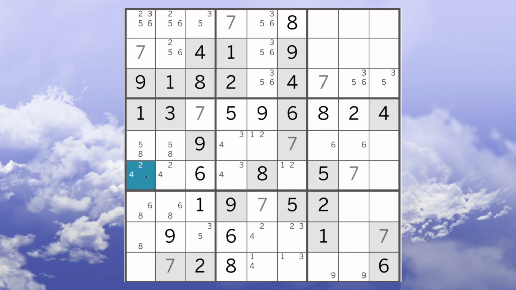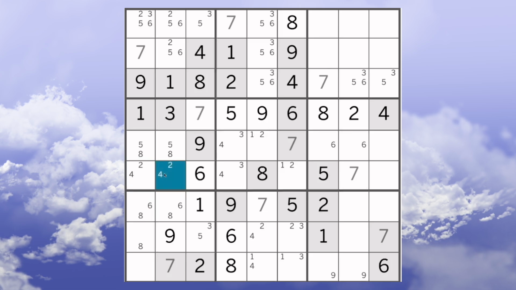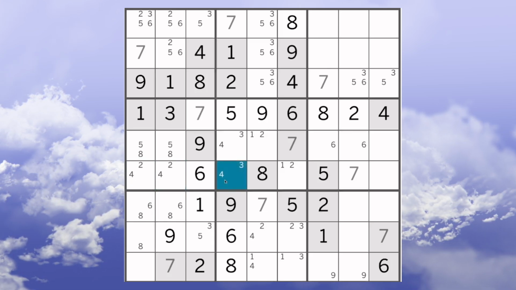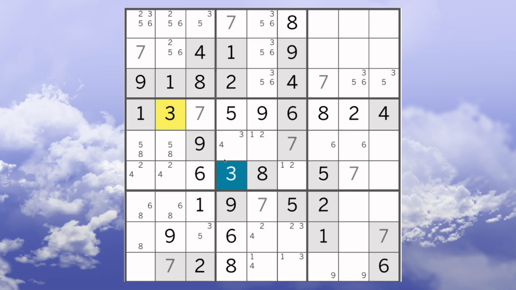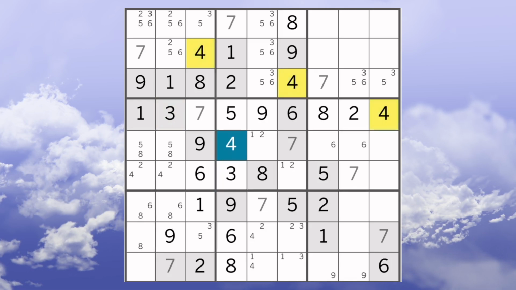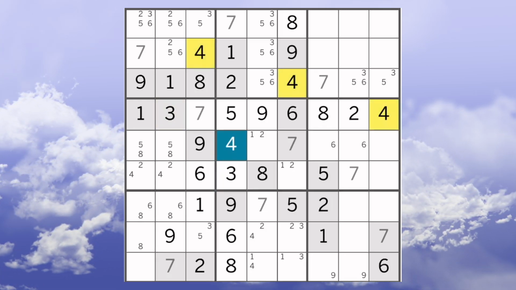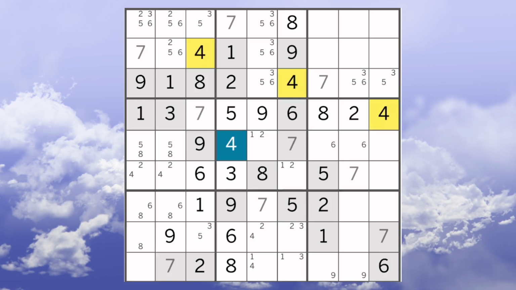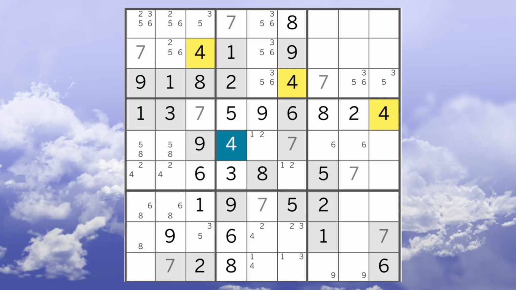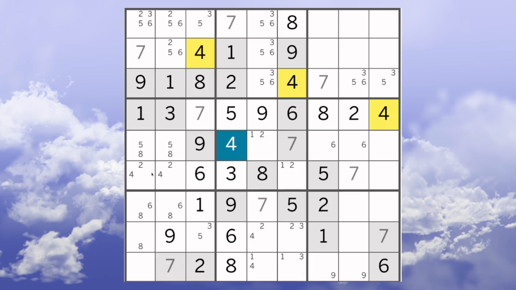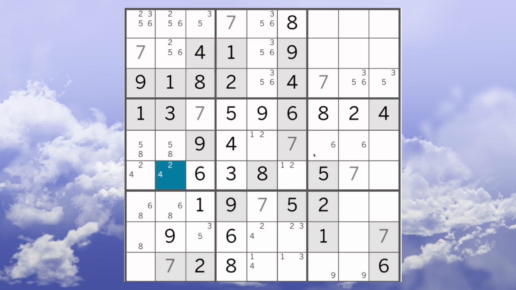So if the 4 is in this line in one of those 2 blocks, that cannot be a 4, which means that has to be a 3 and that one has to be the 4. Likewise, the 2 has to be in that line, so the 2 can't be there.